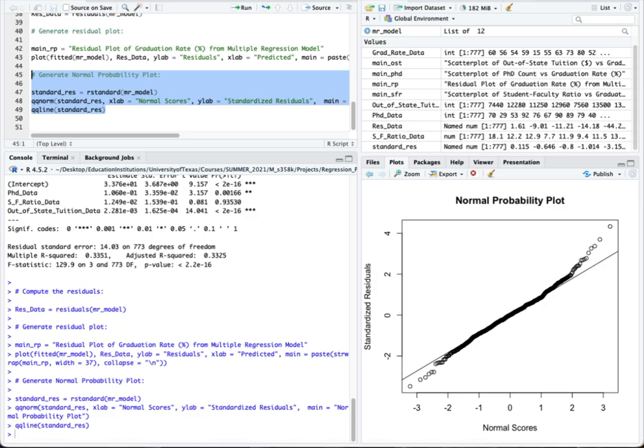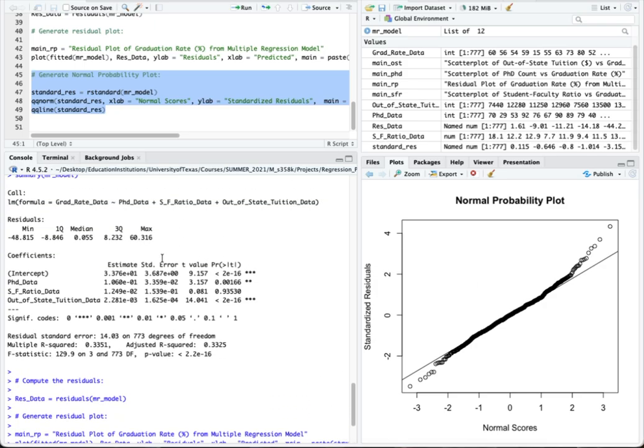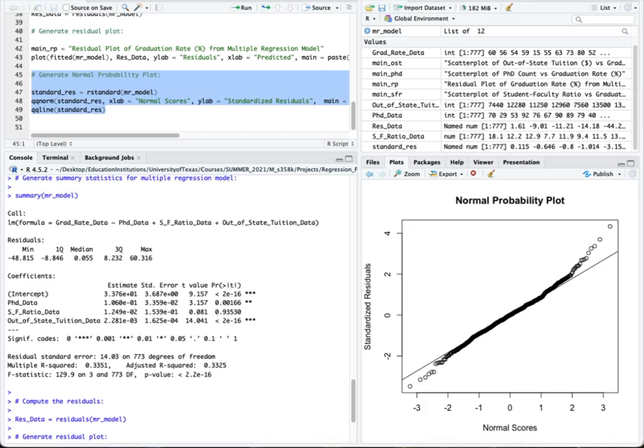So if you reference the model result summary again, the results display the test statistics and p-values that are the outcome of hypothesis tests to test the significance of the predictor coefficients in the overall model. So looking at the overall model results, we see a very large F statistic value of 130 and degrees of freedom of 773, representing a large sample size, which adds more strength to the model.